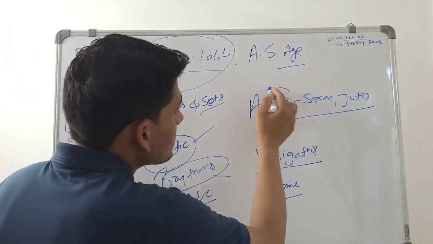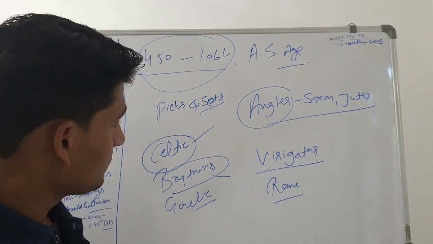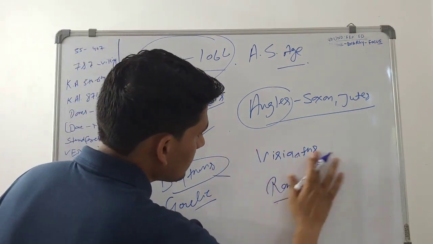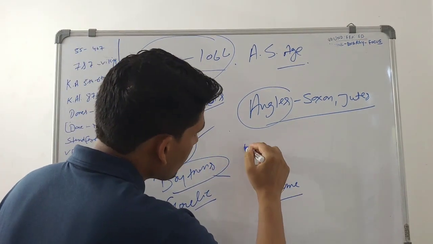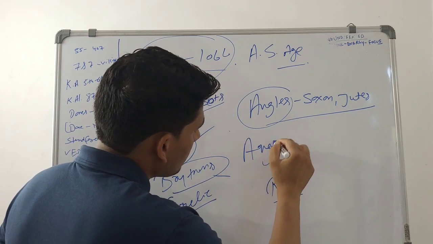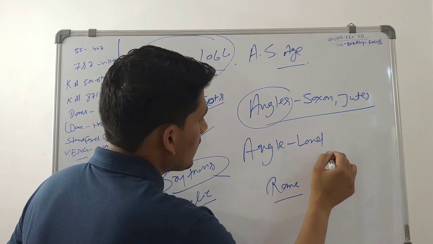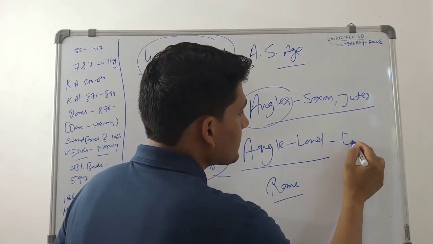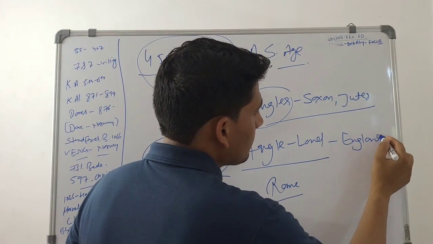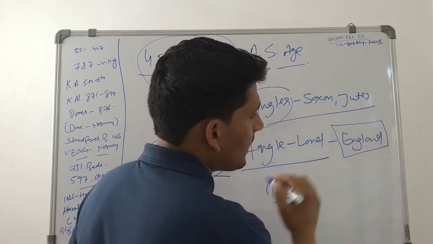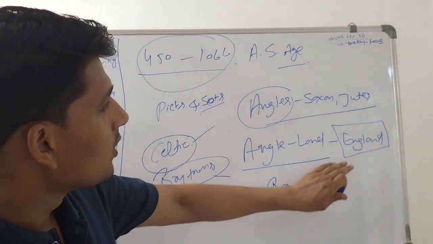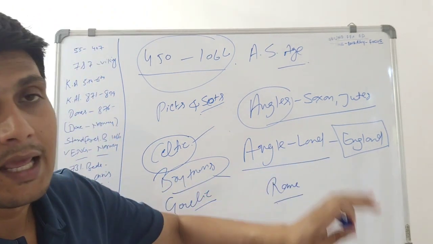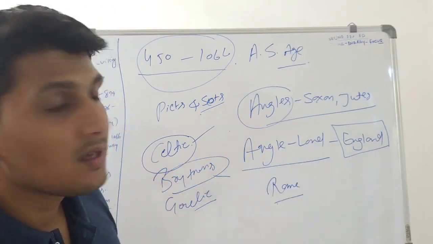As the Angles were in the majority, they called it Angle land, which over a period of time evolved into England. This is how England was given its name.